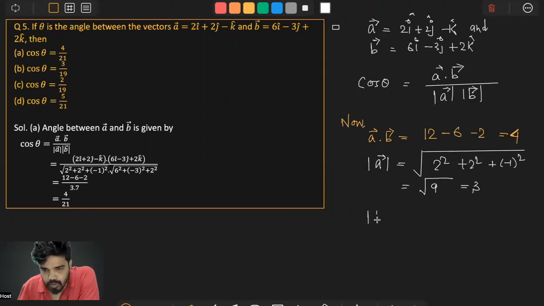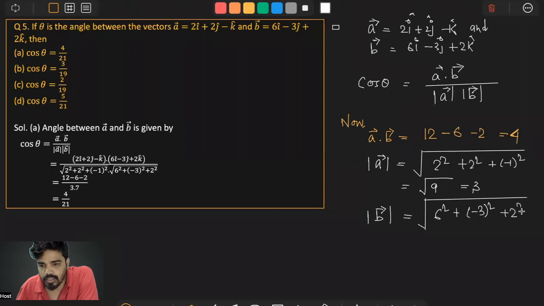Next, modulus B. Modulus B is root over 6 square plus minus 3 square plus 2 square, that is root over 36 plus 9 plus 4. Root over 49 means simply 7.